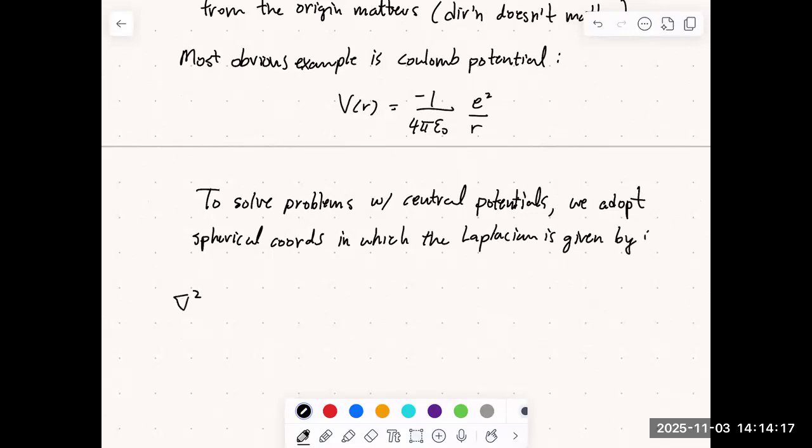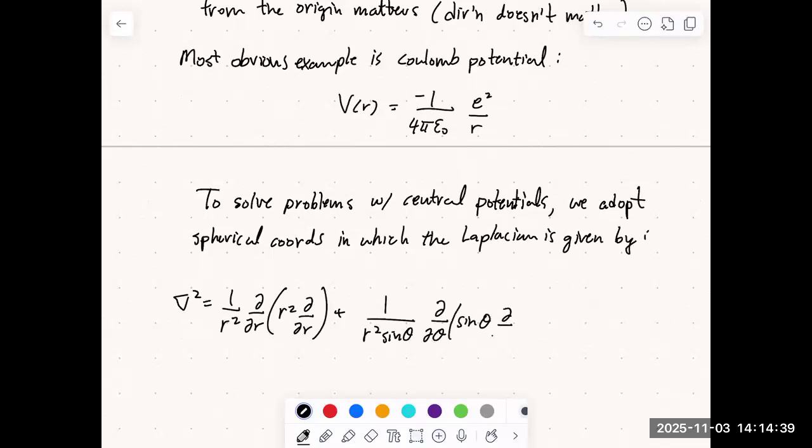And I'm sure that you've seen this in your E&M class as well. So del squared is 1 over r squared d by dr, r squared d by dr, plus 1 over r squared sine theta d by d theta, sine theta d by d theta, plus 1 over r squared sine squared theta d2 d phi 2.